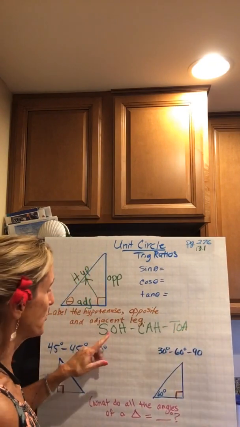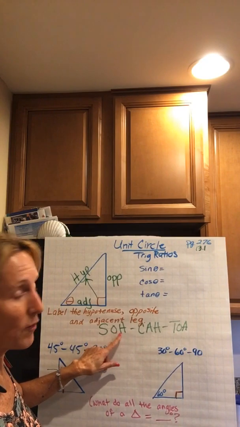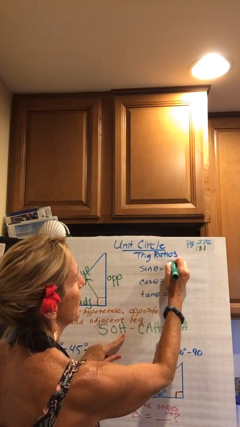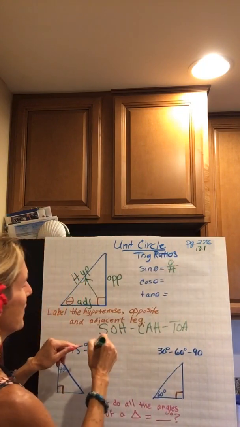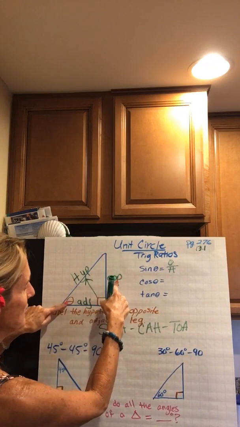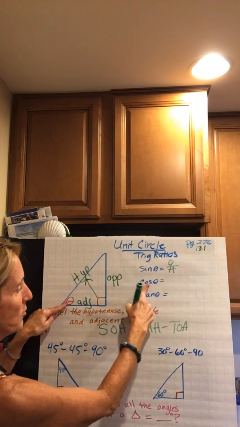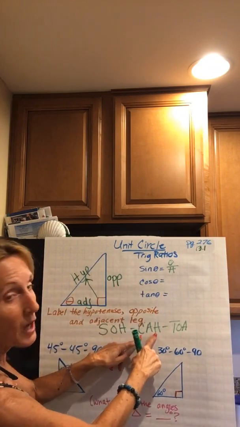SOHCAHTOA stands for: SOH, sine is opposite over hypotenuse. So if I say, what's the sine of this theta? It would be the opposite leg over the hypotenuse. What is cosine of this theta? Cosine is CAH.